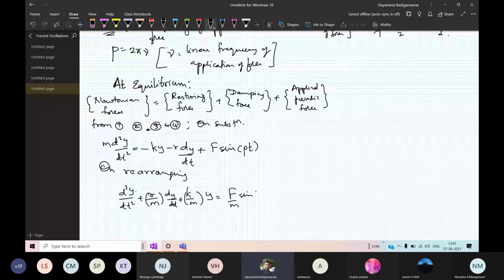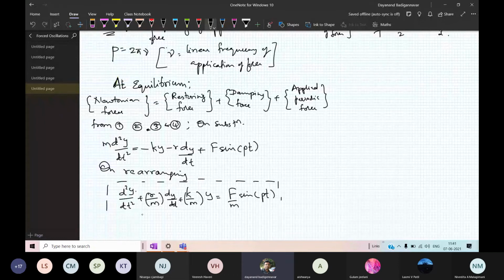This is what you get. So this is the equation for SHM for a forced oscillation, which I have taken as equation number 5.